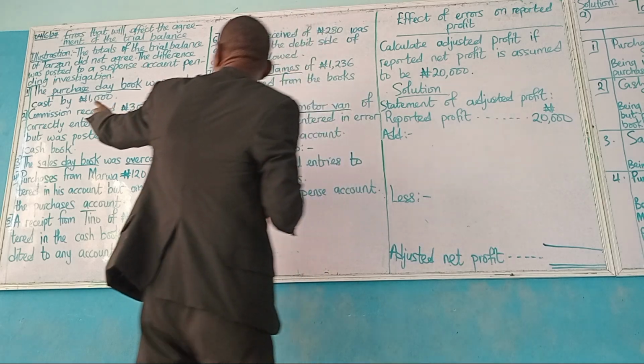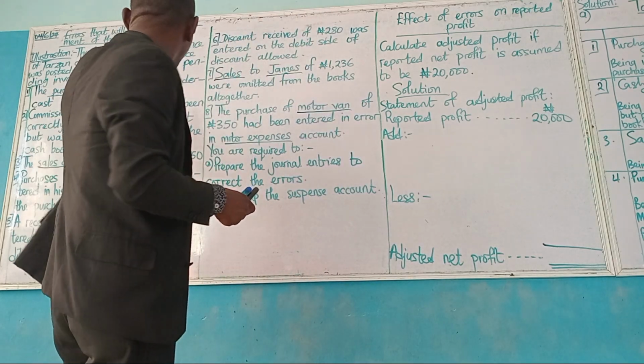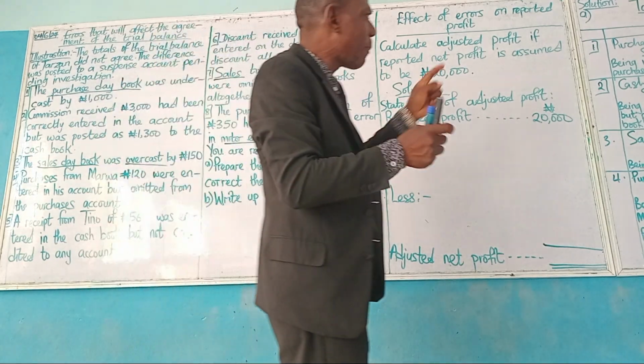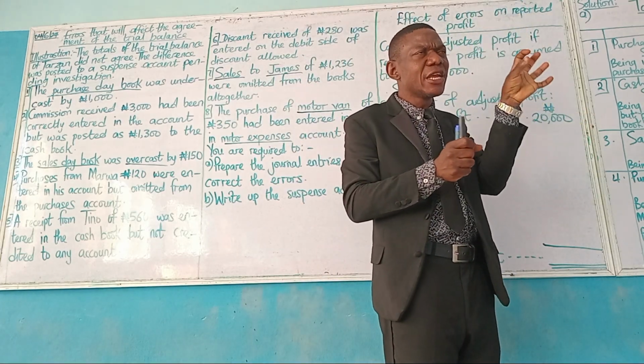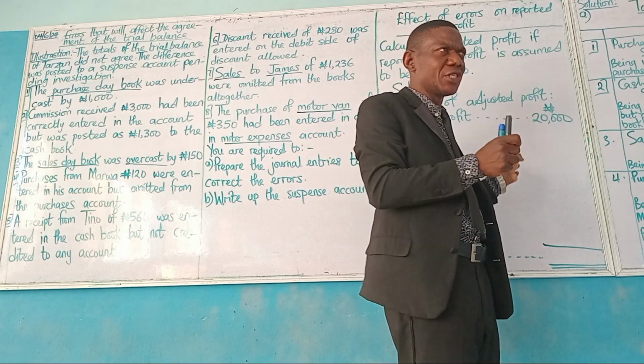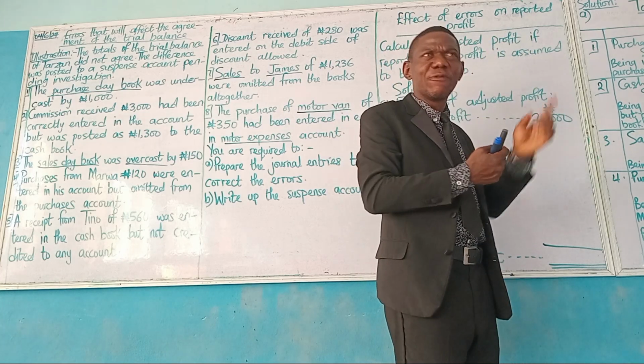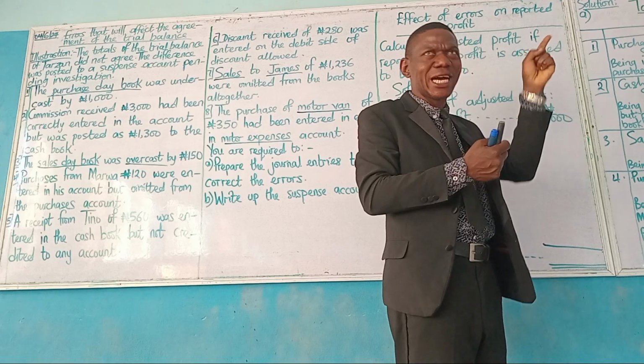Now it says the purchase debit was undercast by 1,000. And this is our purchase figure. The cost of purchases that we put in our trading account was reduced mistakenly by 1,000, which means we have to increase the figure of purchases in that trading account.